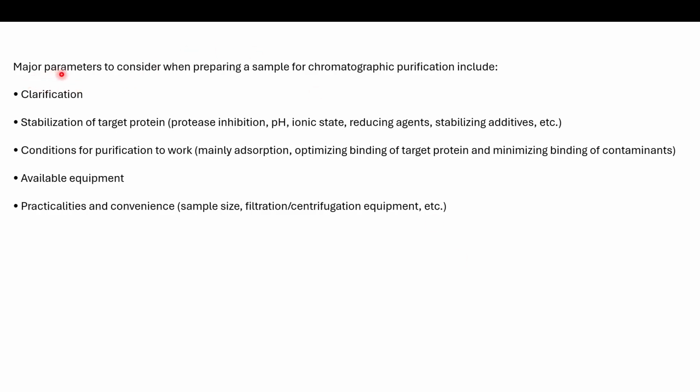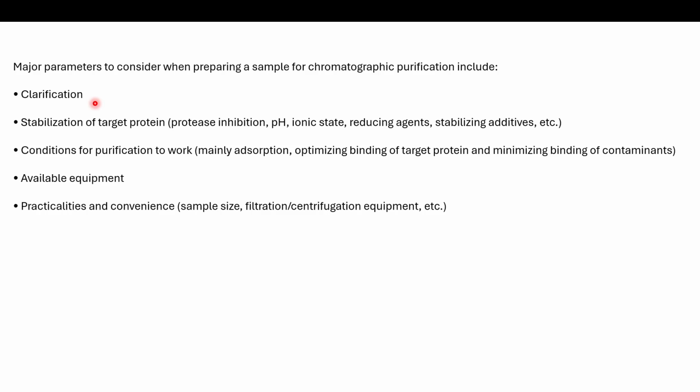Now, what are some of the parameters that you should be considering when preparing a sample for chromatographic purification? Definitely, when you are loading your sample, it should be clarified. You can filter it or centrifuge it to clear out any possible contaminants or any bigger particles that can clog the pores.